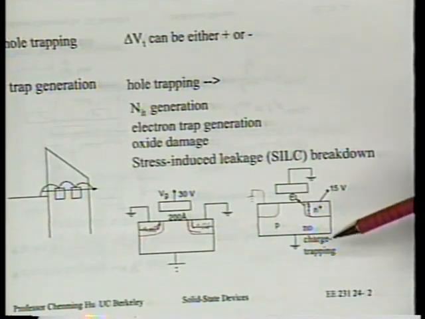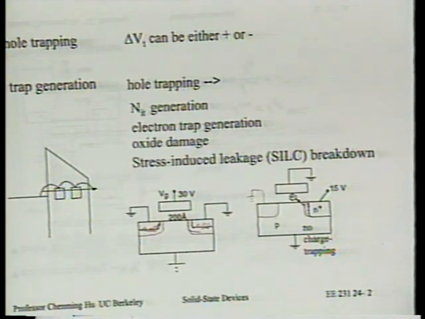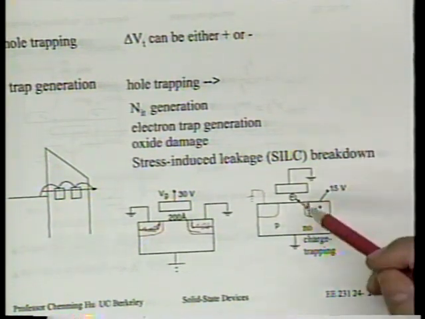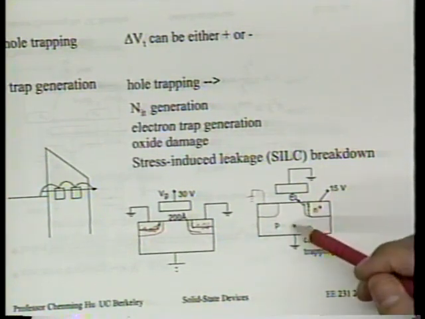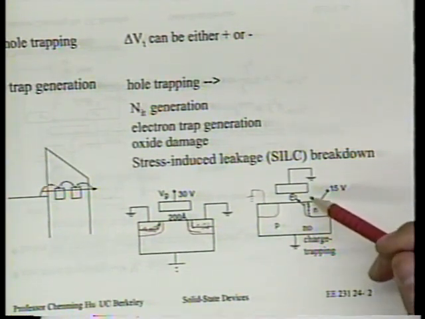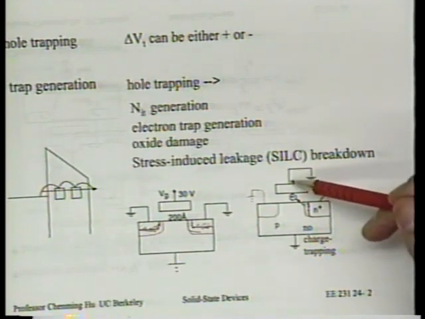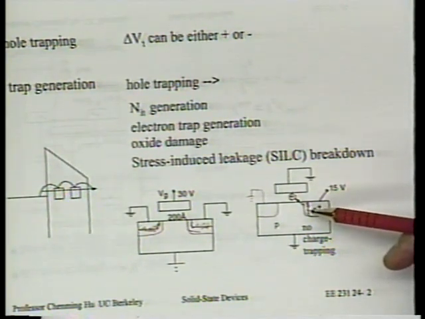And in fact, it happens just about the same time when the junction breaks down. In other words, if the junction breaks down, the oxide will break down. Why is that? Well, it's known that when the junction breaks down, there will be a lot of impact ionization. There will be a lot of hot electrons and hot holes. And the polarity of the vertical field is such that the gate is more negative, the drain is more positive.